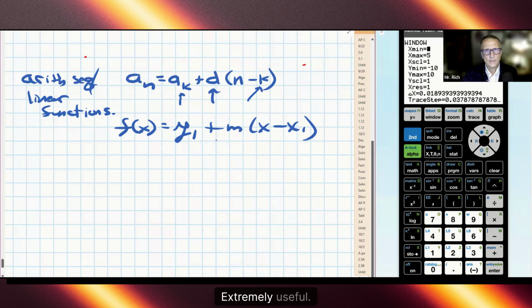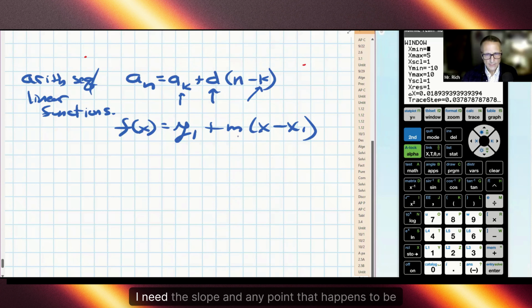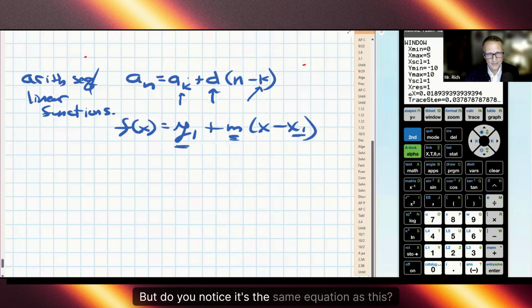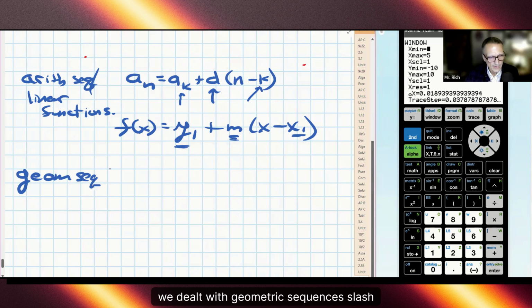It's extremely useful. I need the slope and any point that happens to be on the line, x1, y1. But you notice it's the same equation as this, at the x value that goes with that y value right there. The other thing you need to know is that in 2.1 to 2.3, we dealt with geometric sequences and exponential functions.